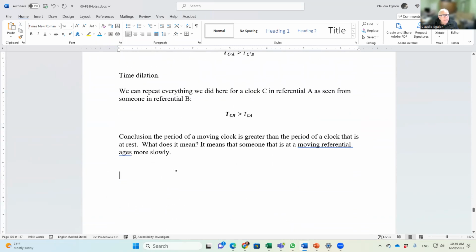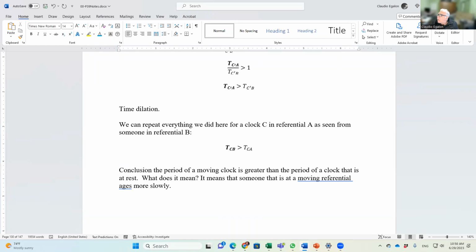Okay, do you get the idea? That's how we derive the time dilation.